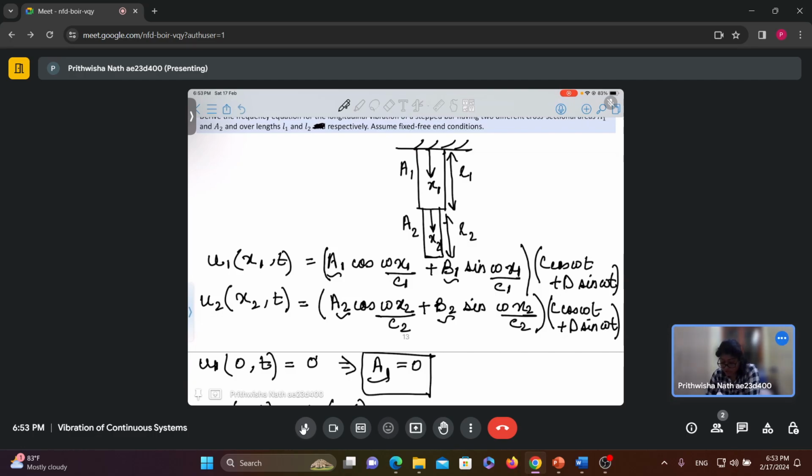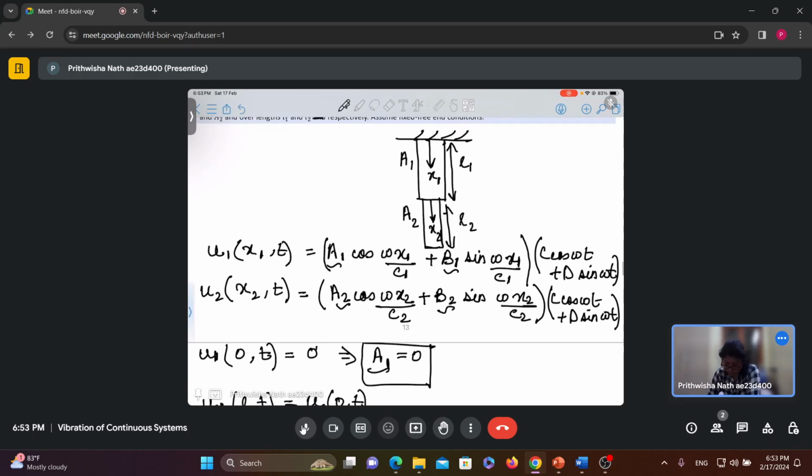Here A1 and A2, that is the symbols without tilde, are cross-sectional areas, and A1 tilde and A2 tilde are constants.